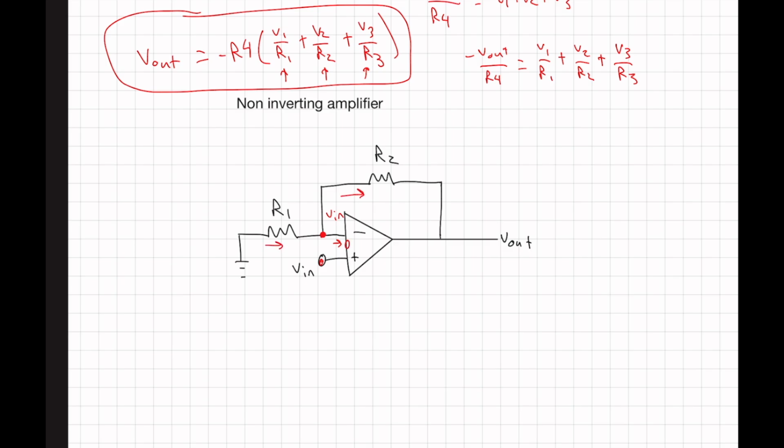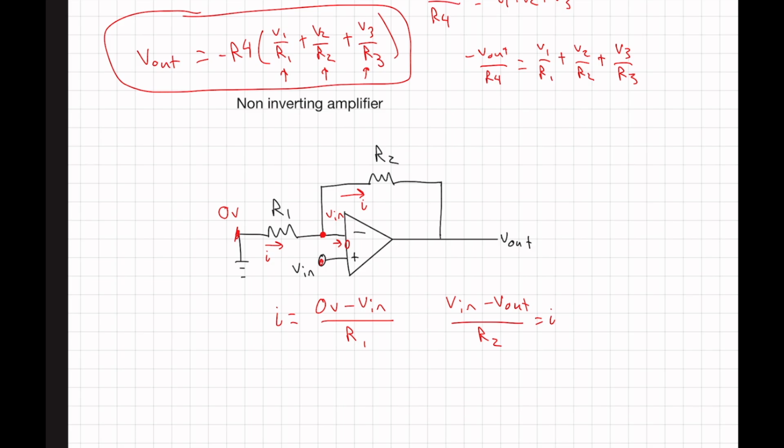Now what is that, this current here? We'll call it I. I is going to be equal to 0 volts, the left of the resistor, 0 volts, minus Vn over R1. Nice. And now, similarly, we can write the current across this resistor as Vn minus V out over R2. And that's also equal to I.